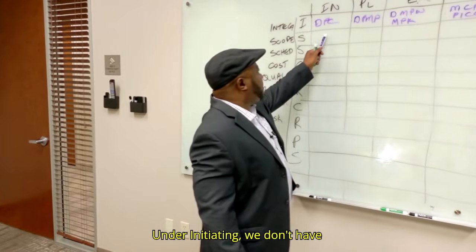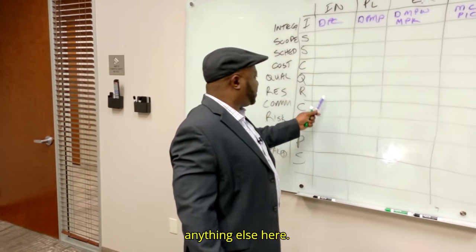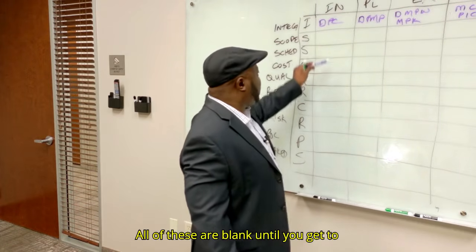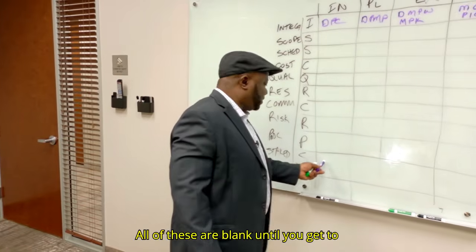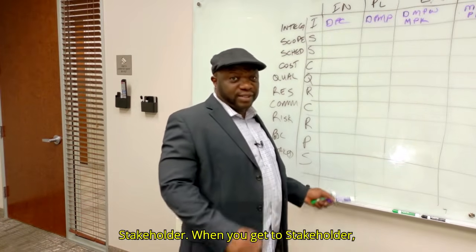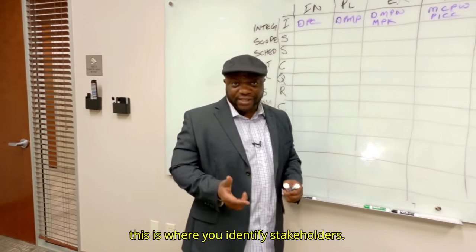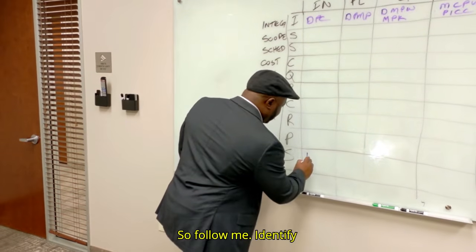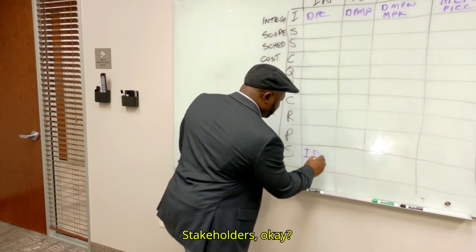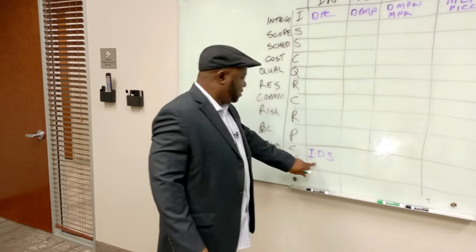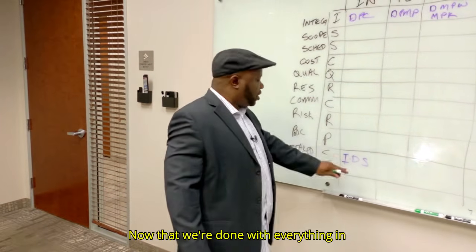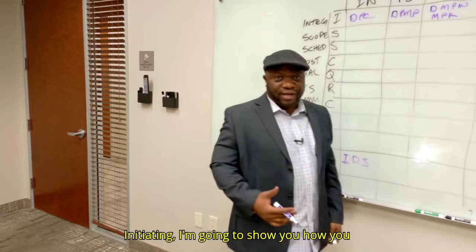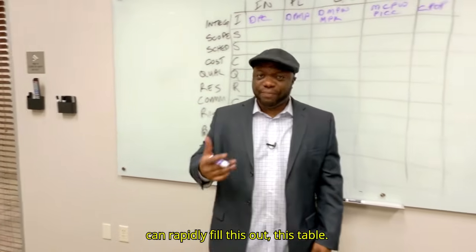Under initiating, we don't have anything else here. All of these are blank until you get to stakeholder. When you get to stakeholder, this is where you identify stakeholders. So follow me. Identify stakeholders.